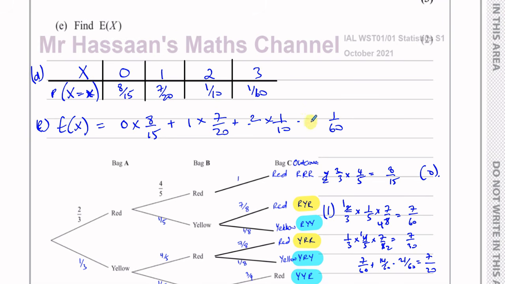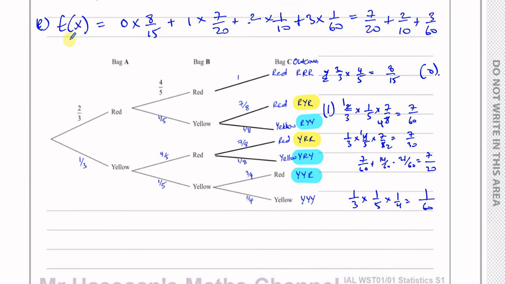And that will give us an answer. So that's going to give you 0, plus 7 over 20, plus 2 over 10, plus 3 over 60.